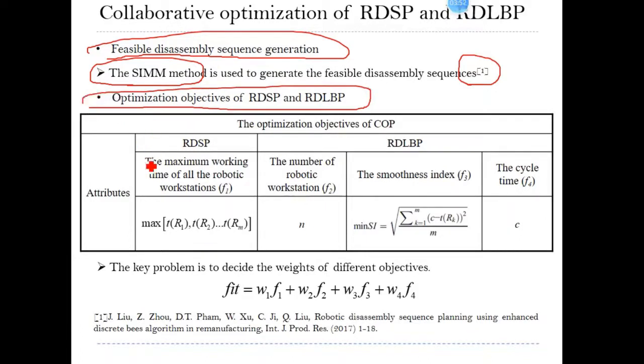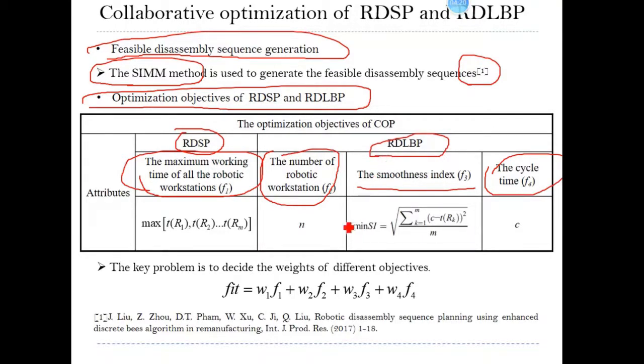Here, the maximum working time for the robotic workstations is the indicator for the RDSP. And the other 3 indicators are the optimization objectives for the RDLBP, like the number of robotic workstations, the smoothness index, and the cycle time. These 3 objectives are for the RDLBP.